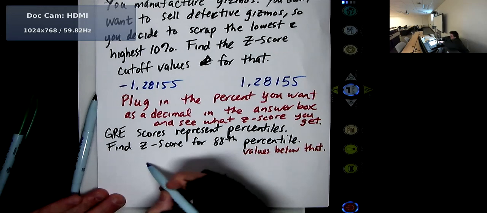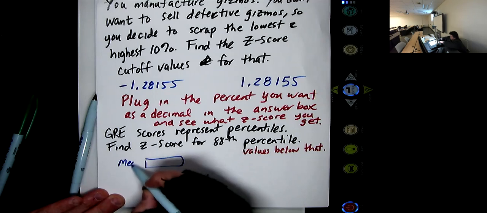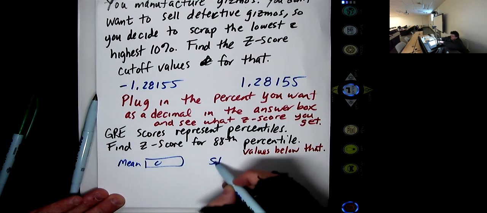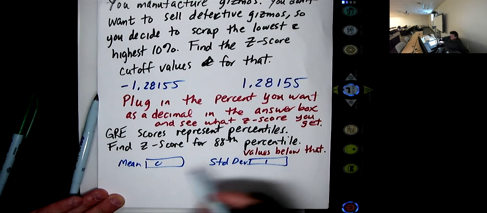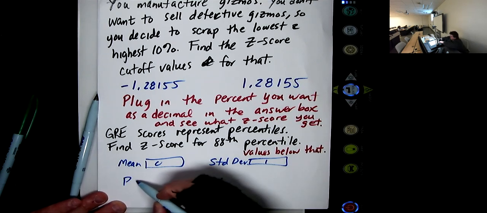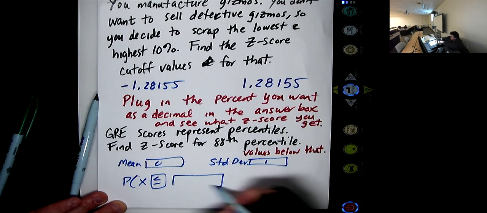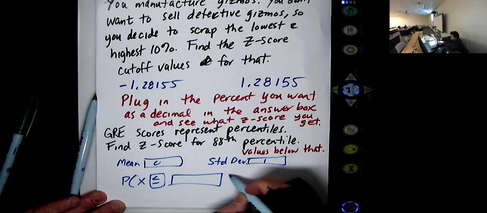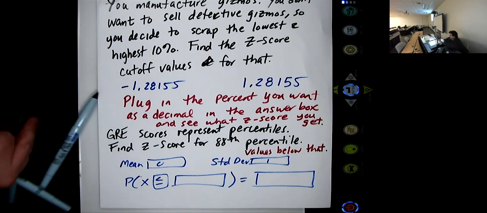I actually kind of depict the box right here. Let's say we've got mean 0, standard deviation is 1. I'm doing probability that X is less than, and I'm going to leave this block blank, equals, and I'm putting in my 0.88 here.